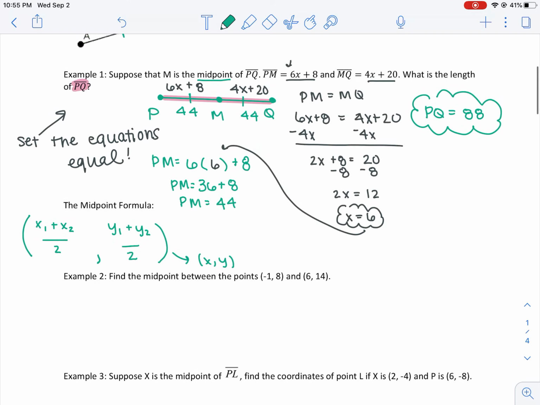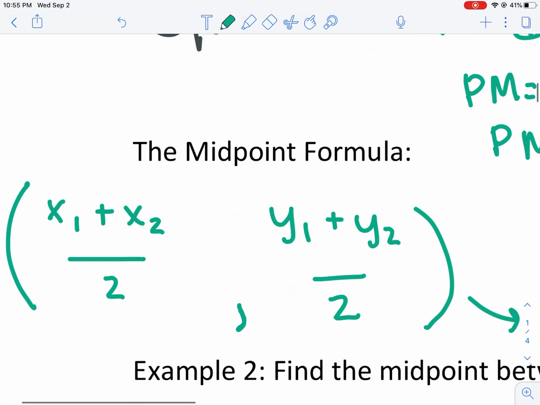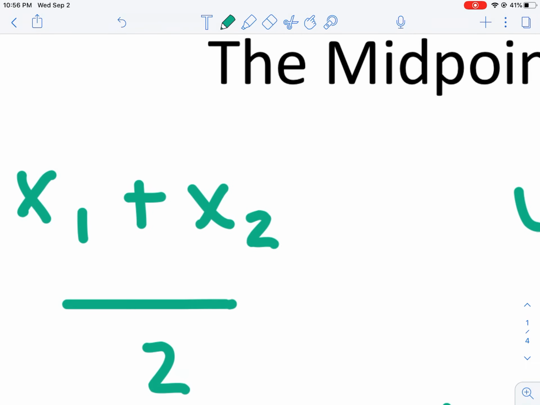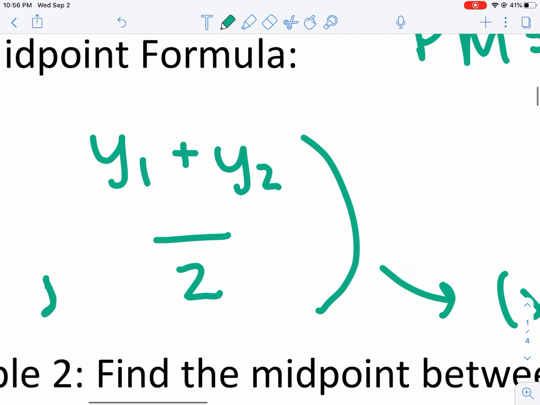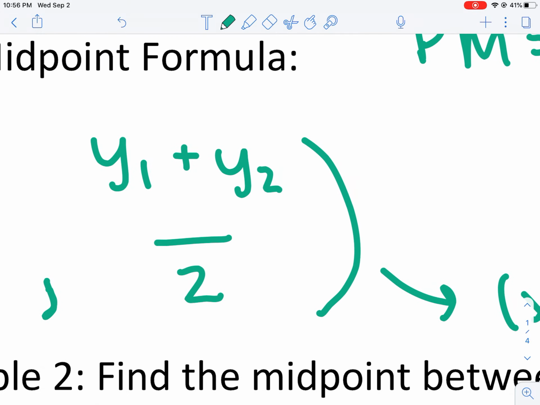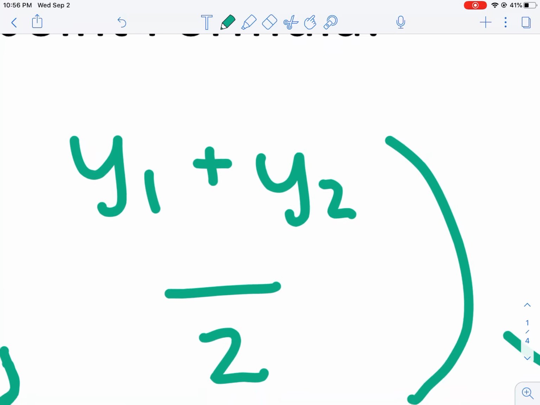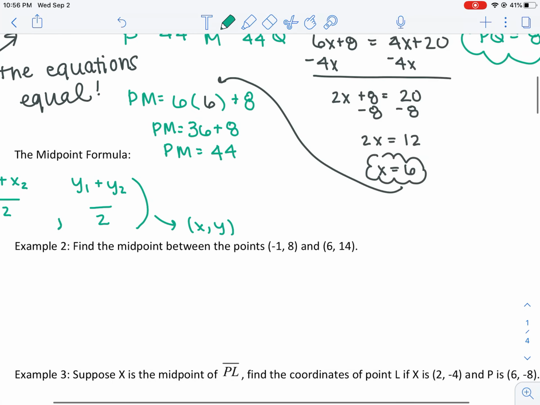And if you notice, it wants to take the average of the x's. Okay, so to take the average of the x values, I add the x values and divide by 2. To take the average of the y's, I take the y coordinates, add them together, and divide by 2.